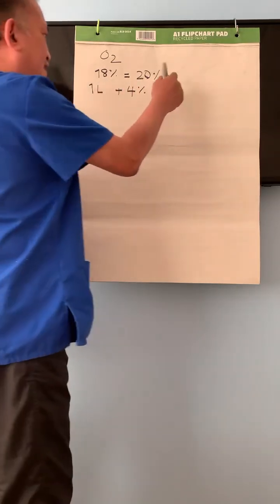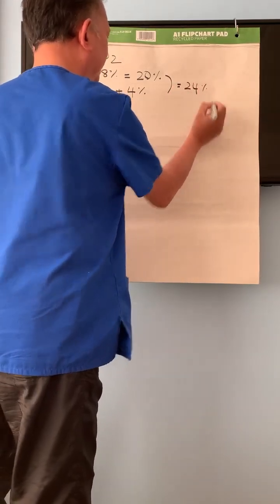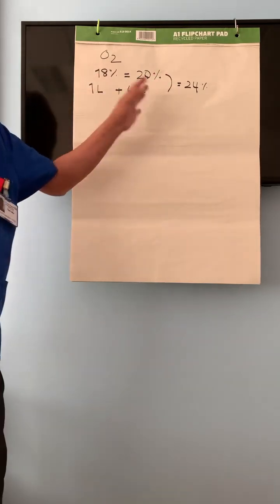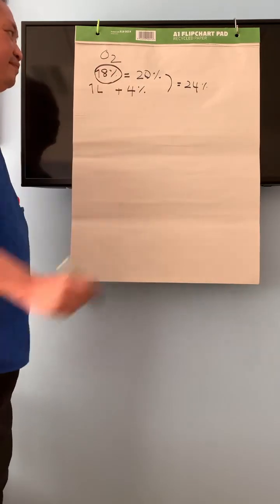So the total oxygen he is getting is 24%. The reason I make it 20 is easier calculation, rather than using the real figure of 18%.